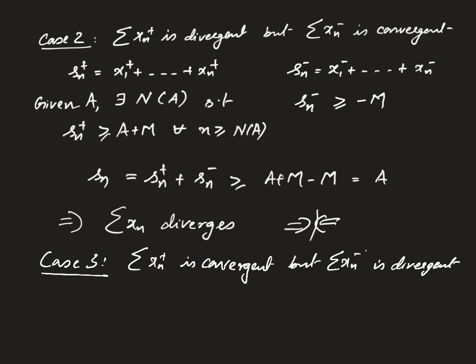This again is not possible. You can again conclude that this will imply that series x_n has to diverge, and the argument is very similar to case 2. So I leave the proof of this case as a homework.